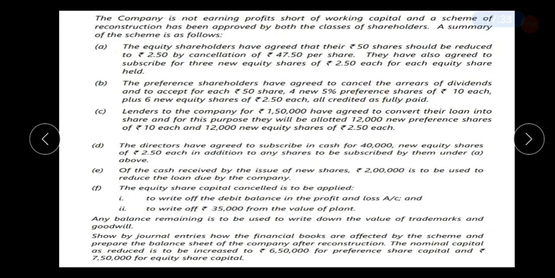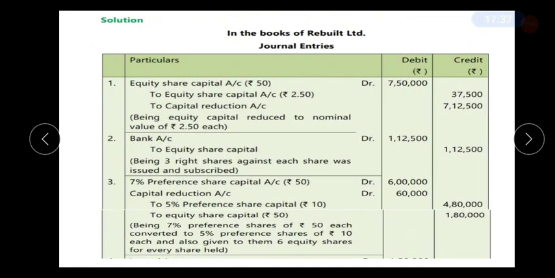So here, first, they are giving up the accumulated dividend. Secondly, these preference shareholders are ready to cancel the old preference shares. These old 7% preference shares of rupees 50 each are being exchanged by 5% preference shares of rupees 10 each.